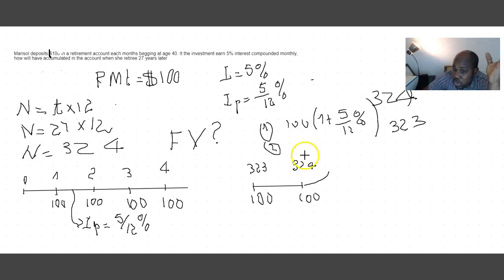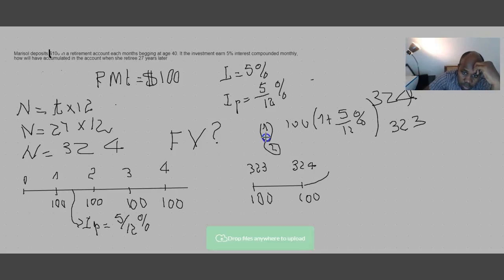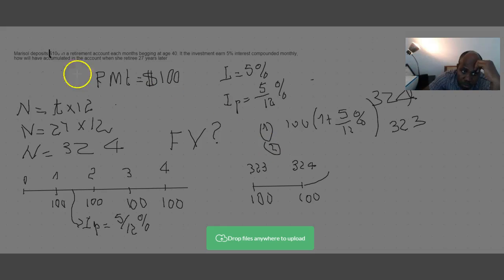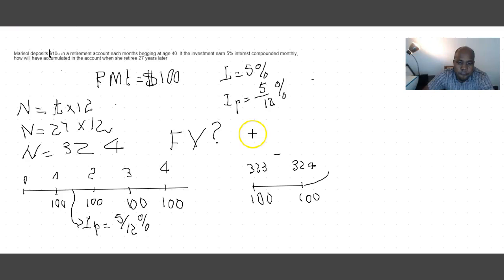After that, I would have to add all of them to find out my future value. But this way of doing it is really a lot of work. In fact, there is a general formula to find future value. Let me show you the formula. We can try to understand it later on, but let's look.